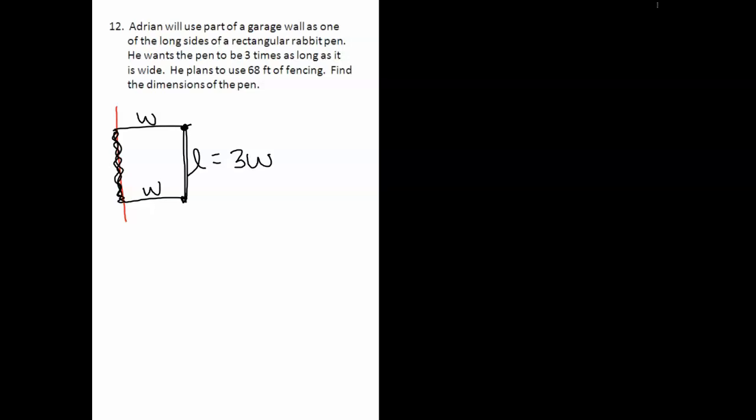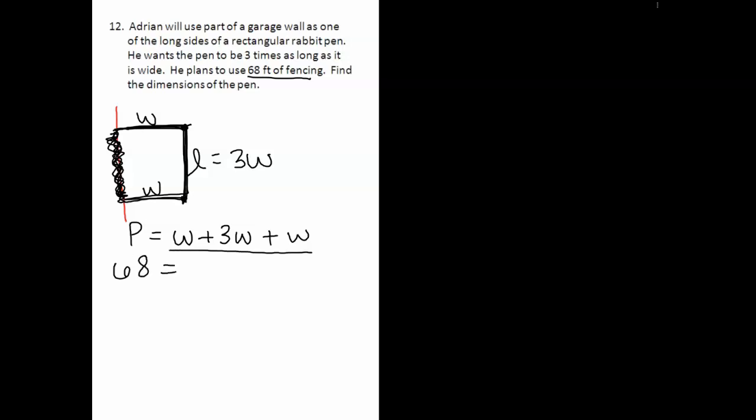He has 68 feet of fencing or material. So that would represent the perimeter of the pen. So perimeter is width plus 3 times the width for the length plus the width again. And again, we don't have to take into account width or length here because that's house. You have 68 feet.